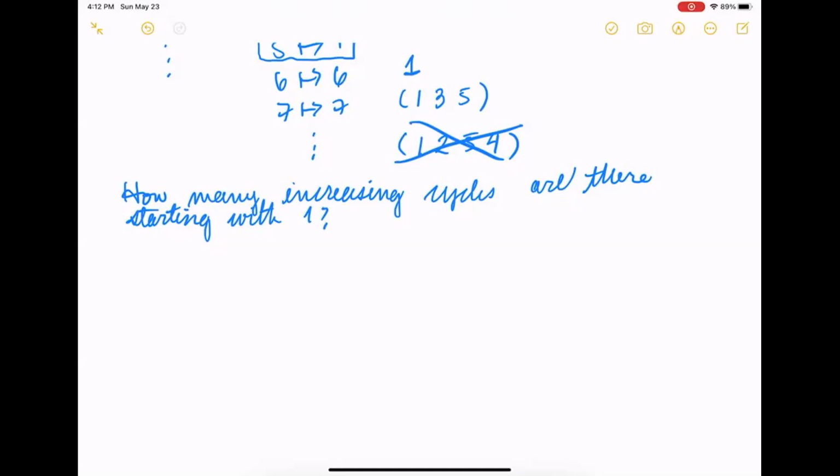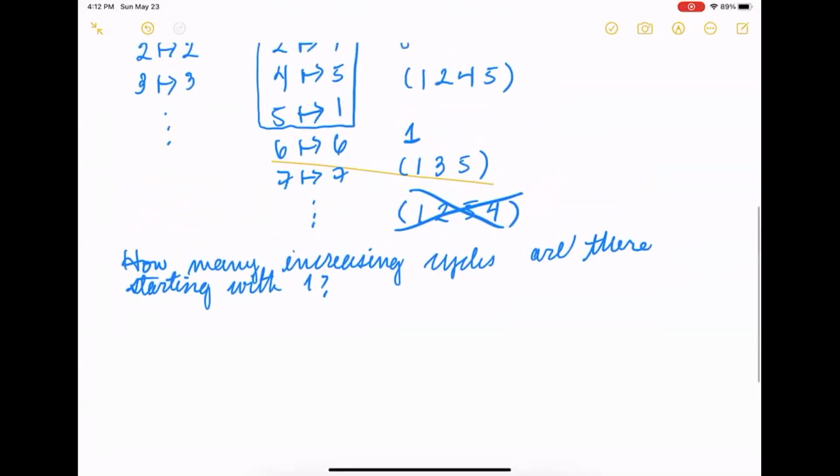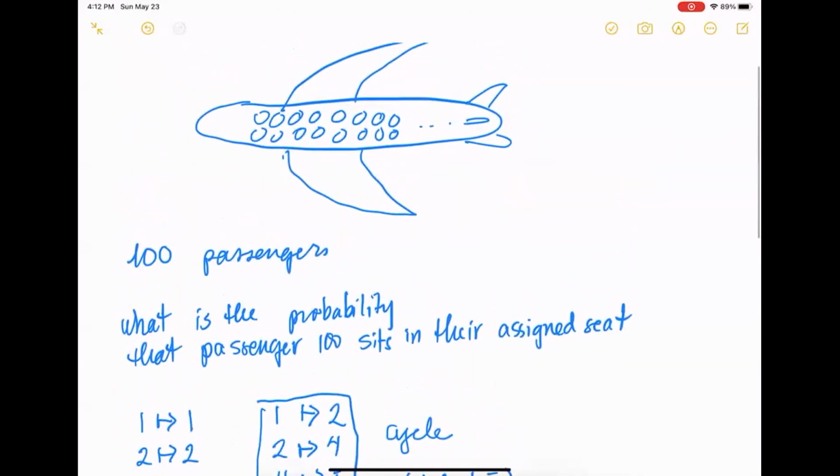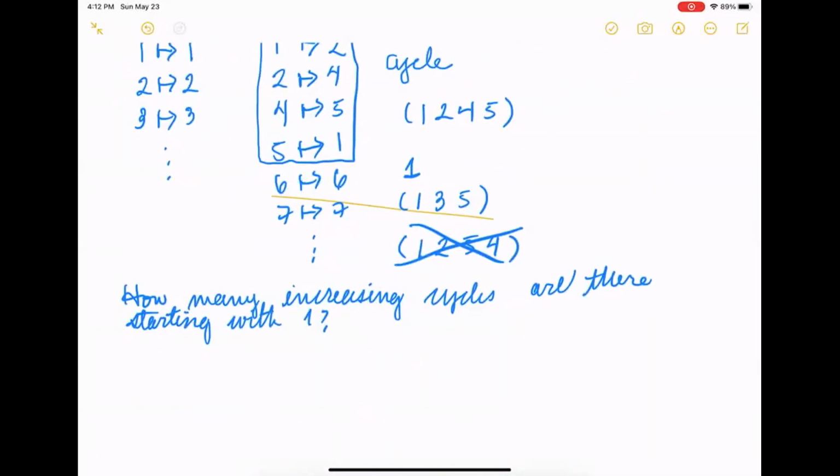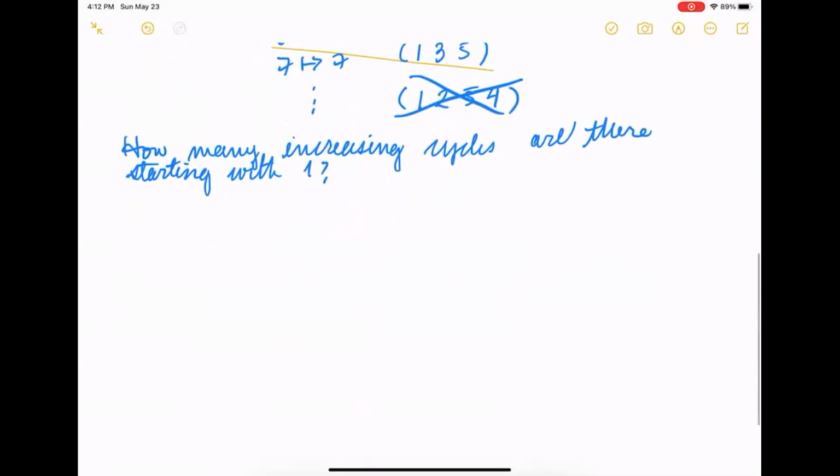So they have to start with 1. But how many increasing cycles starting with 1 are there? How would we approach this question?